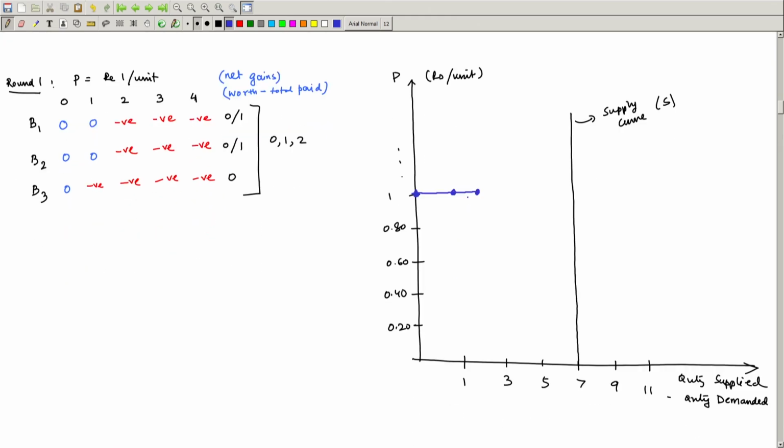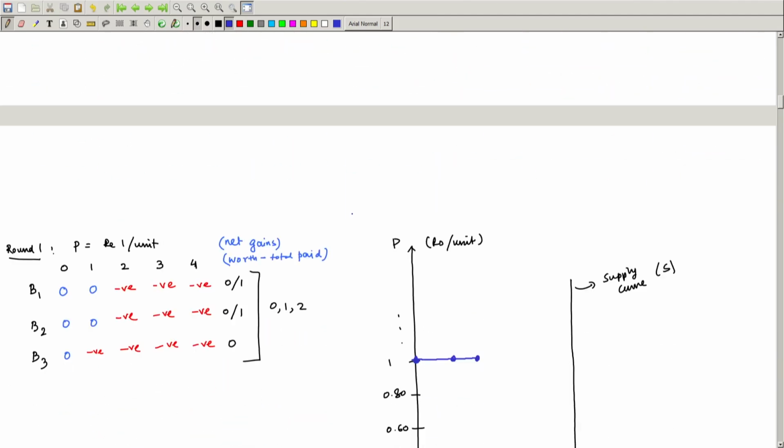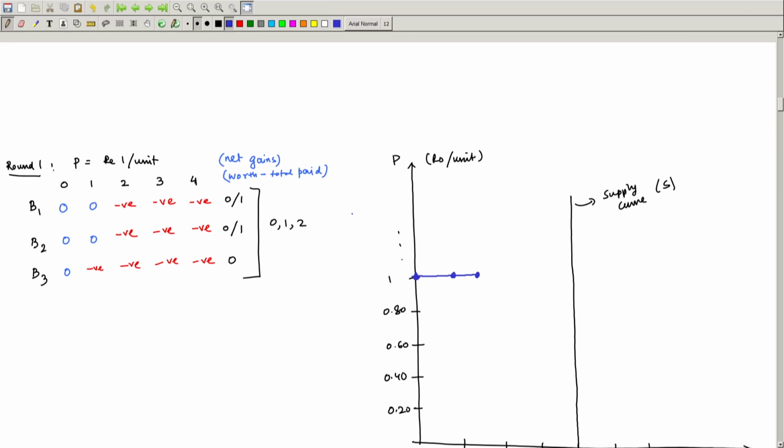I have just copied the same picture so that it is easy for us. On the demand side, what we said is that we will start by guessing the price. And ask what is the quantity demanded by each of the individual buyers.